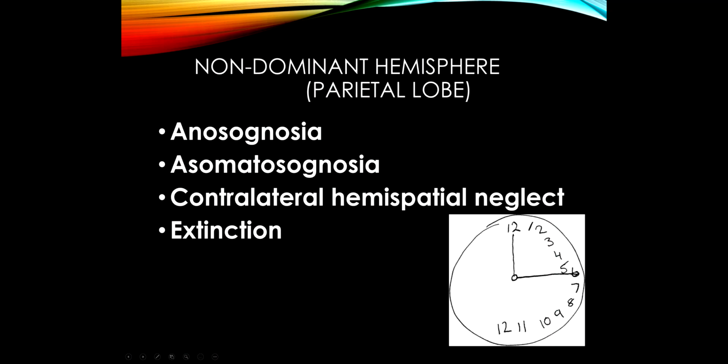Okay, and then they may have extinction. Remember, that's where you touch the patient on the right and left side of their body in two different places at the same time, and the patient will have extinction of the left side of their body. So that's what we see with a right MCA stroke, and if you were asked to choose a lobe of the brain that's involved in that, it would be the parietal lobe.